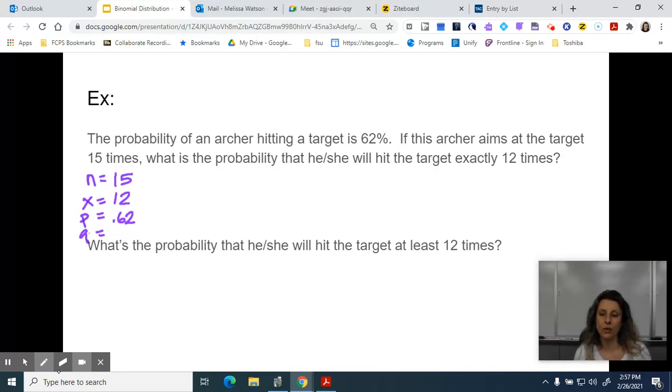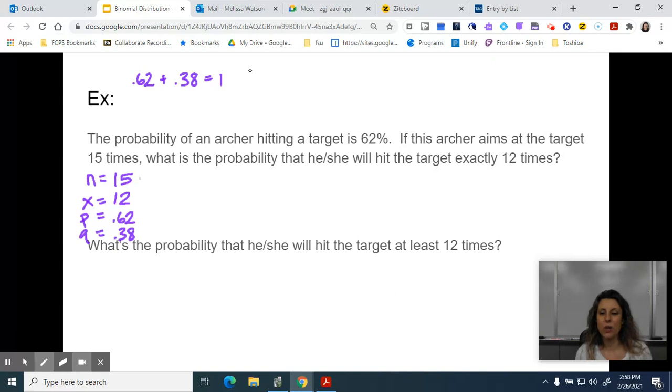And then Q, so if the probability of hitting the target is 0.62, the probability of not hitting the target would be 0.38. Again, we make sure that if we add P plus Q, those always have to equal 1, which it does.